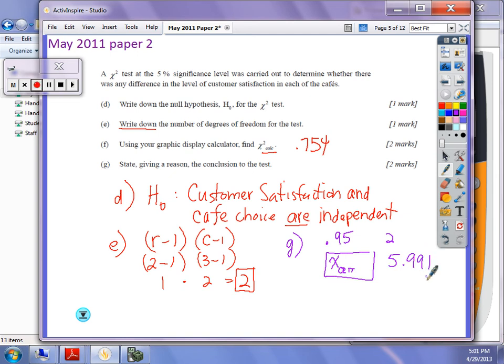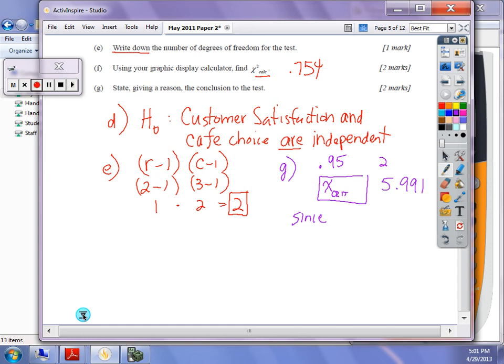So you need to use that value when you're setting up the conclusion to your test.